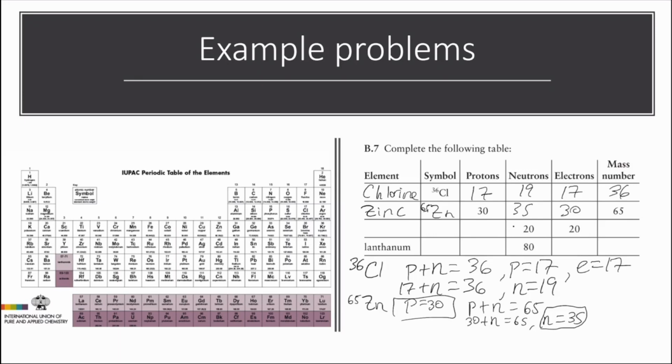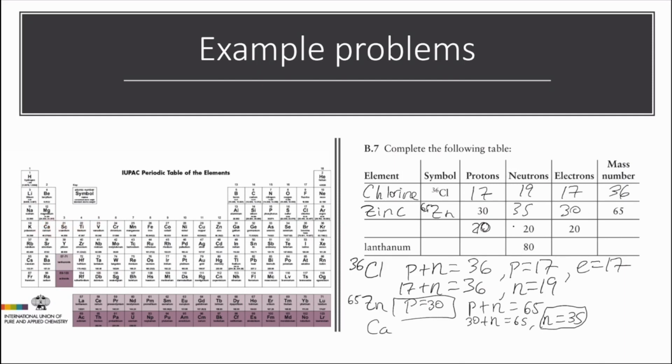Okay, then the next one has 20 neutrons and 20 electrons. So the number of electrons has to be equal to the number of protons, 20, and this is the atomic number. So we can see directly in the periodic table that 20 belongs to calcium.